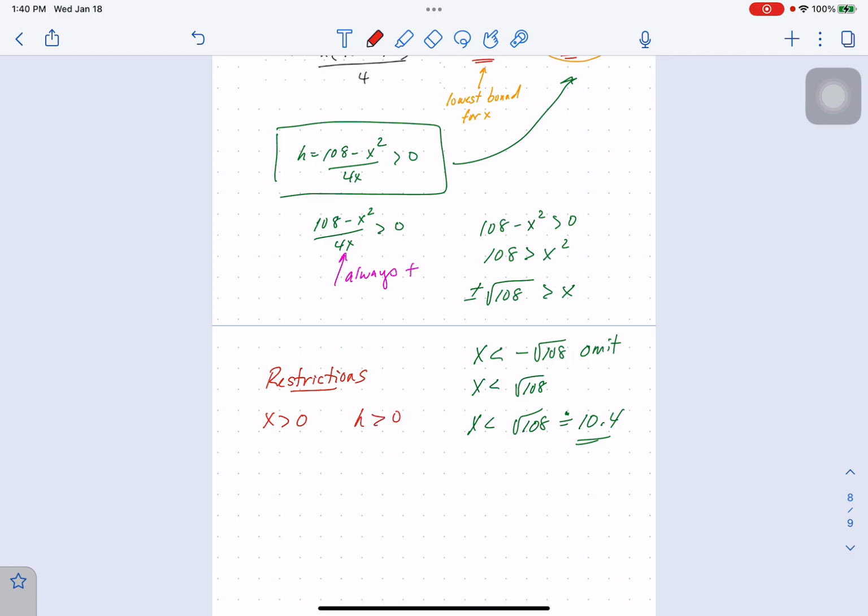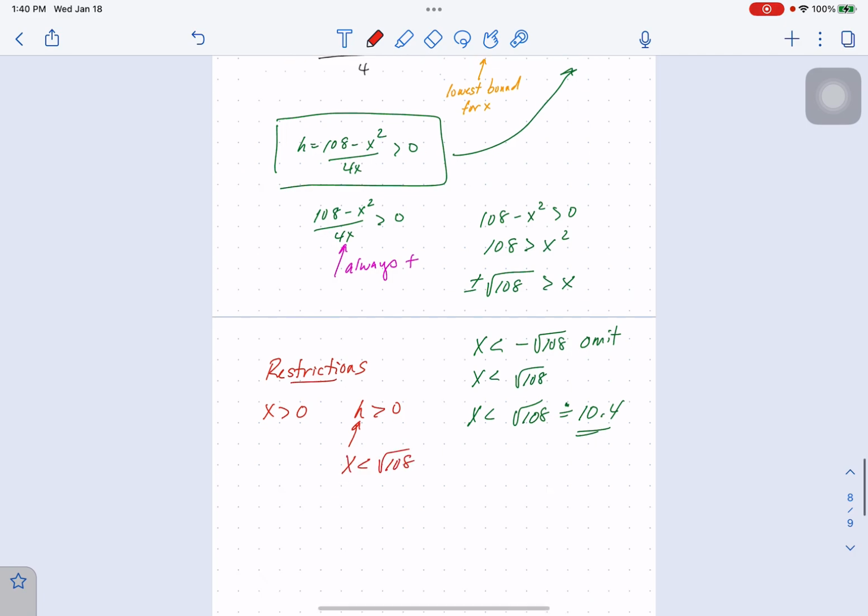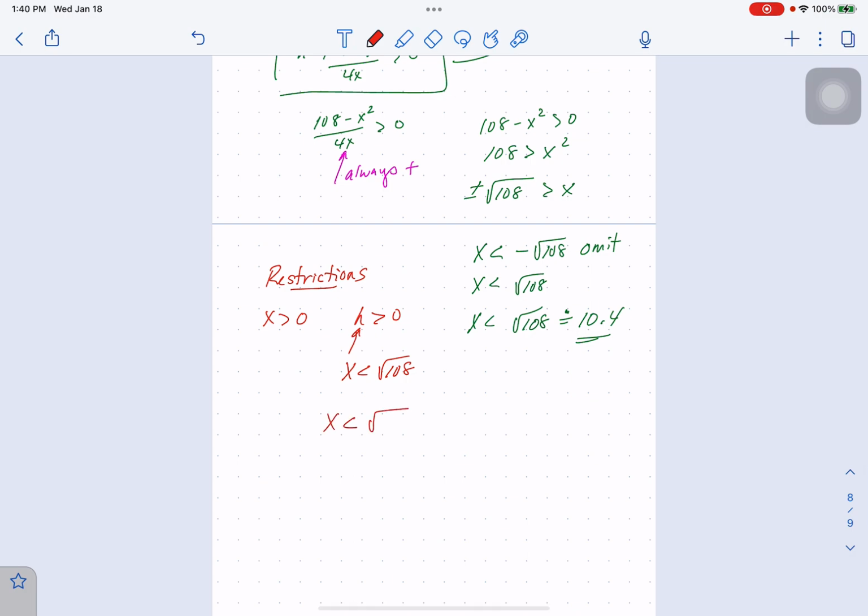And we worked through all that, and for h to be greater than 0, that means that x must be less than square root of 108, sorry. And that's what we get. Those are your restrictions on the variable. So as long as the answer that we got is within that range, we're good to go.